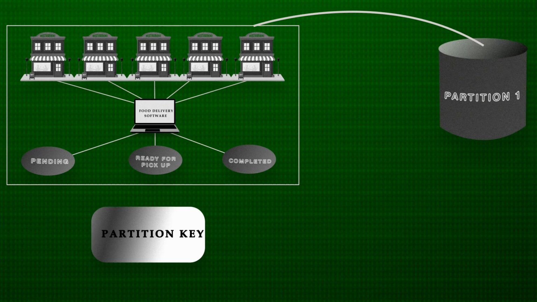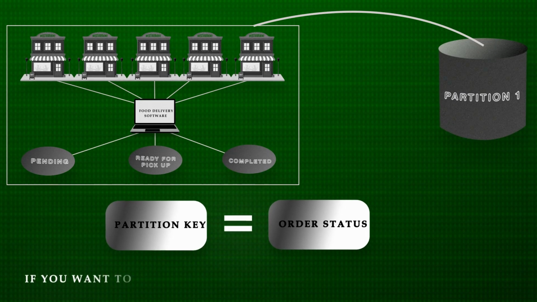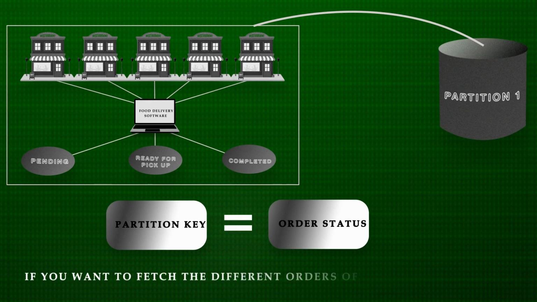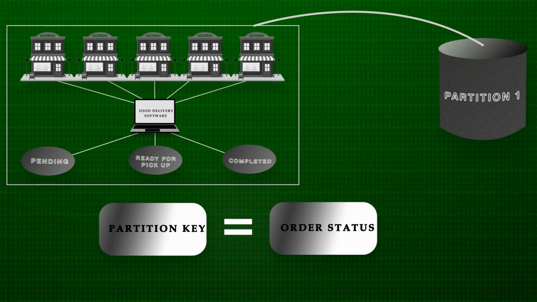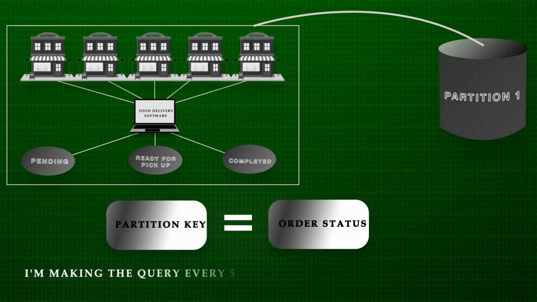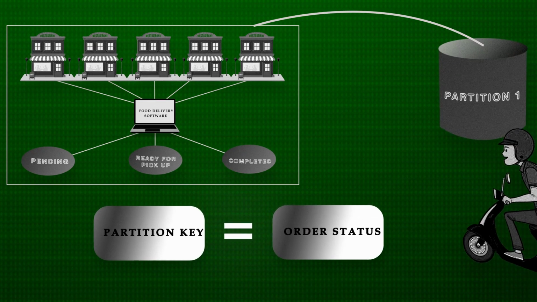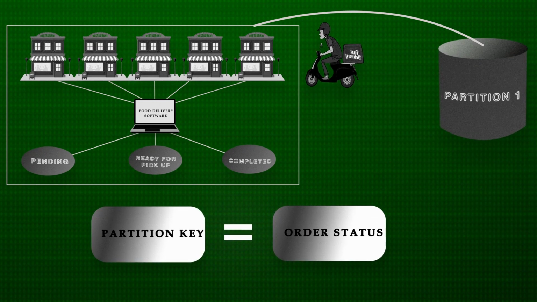If the partitioning key is the order status, then the order status can be one of all three statuses. So if we want to fetch the different orders of a particular status, let's say I just want to know the orders that are ready for pickup, I'm making a query every 5 seconds to know which orders are ready for pickup so that our delivery guy can get that information and go to the restaurant or something.